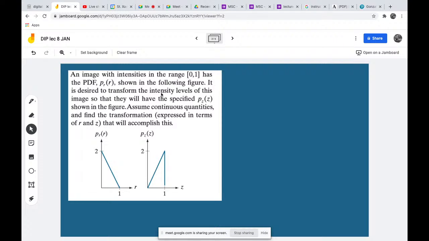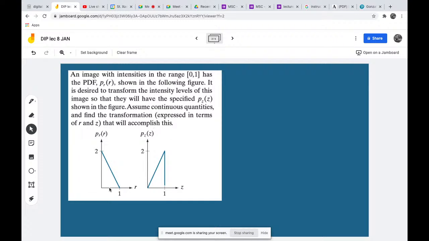It is desired to transform the intensity levels of this image so that they will have the specified PZ shown in the figure. Assume continuous quantities, find the transformation that will accomplish this.